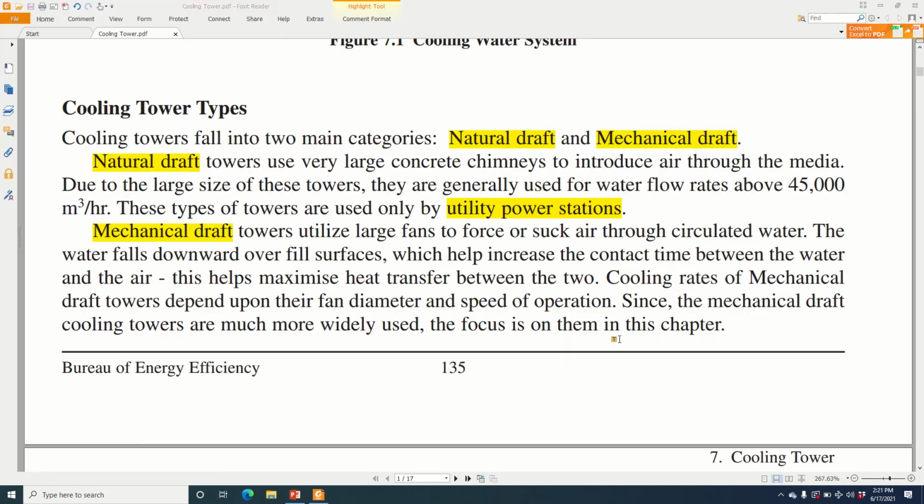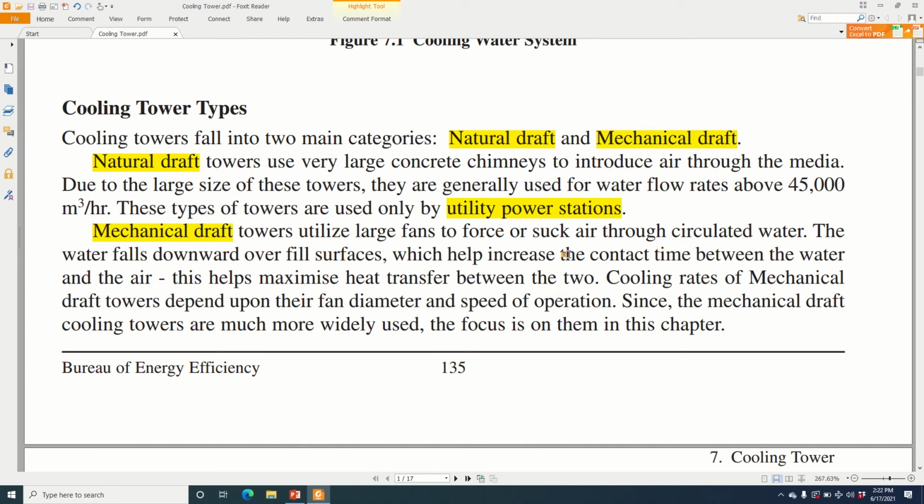The second major type of cooling towers are mechanical draft towers. These towers utilize large fans to force or suck air through circulated water.